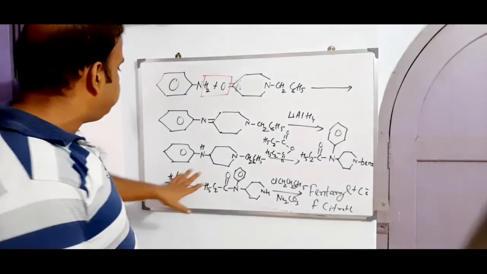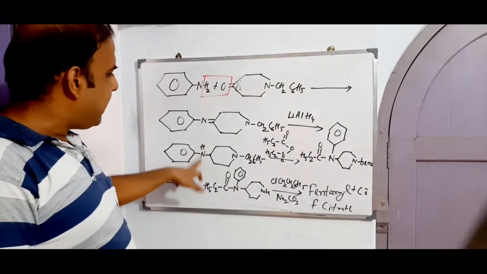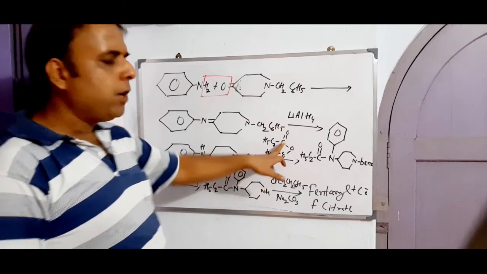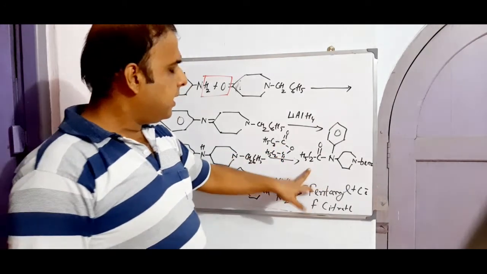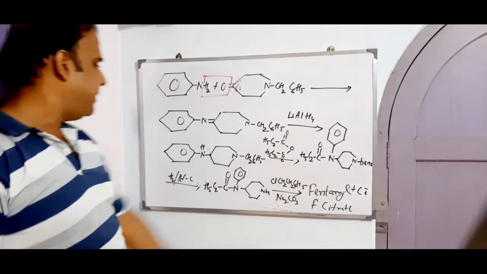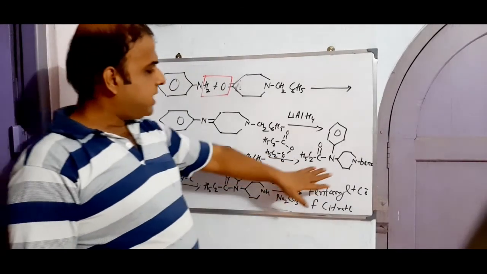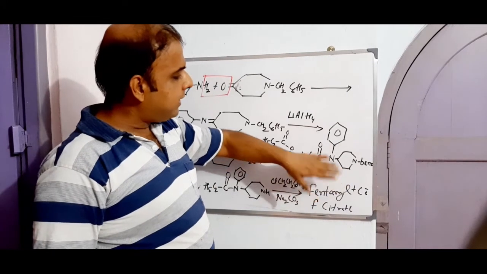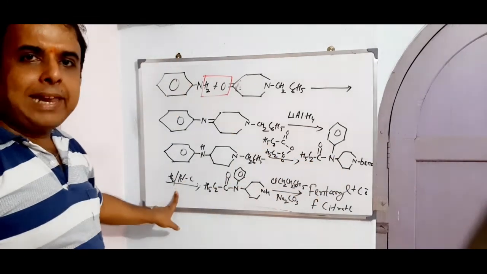So this is NH. Now we have treated this with propionic anhydride. So what happened here? The propionyl group got inserted, and after that we reacted this intermediate with palladium on carbon catalyst.